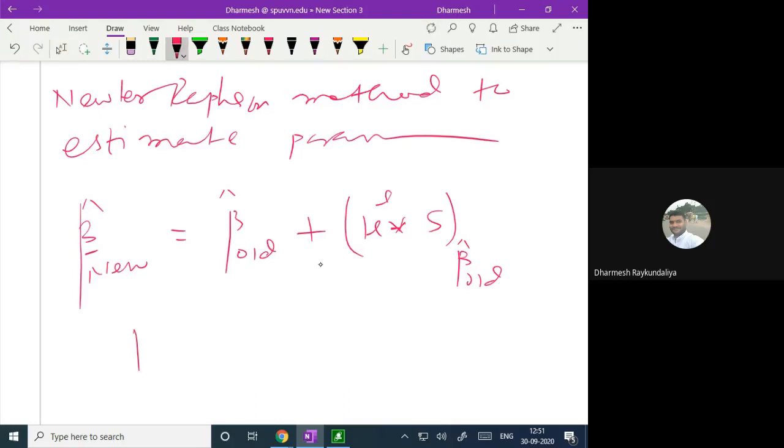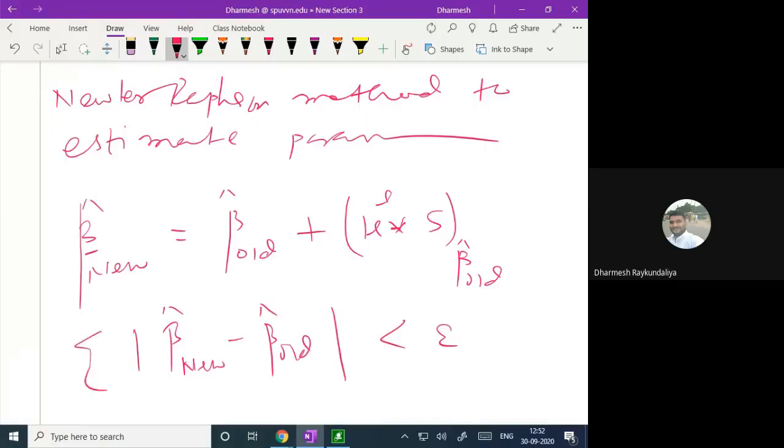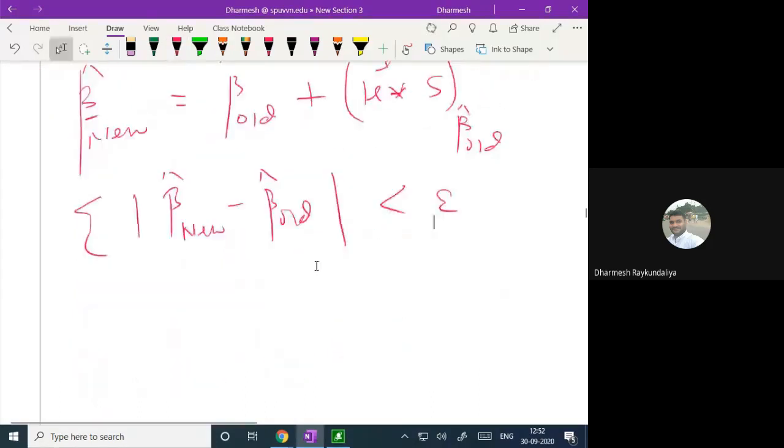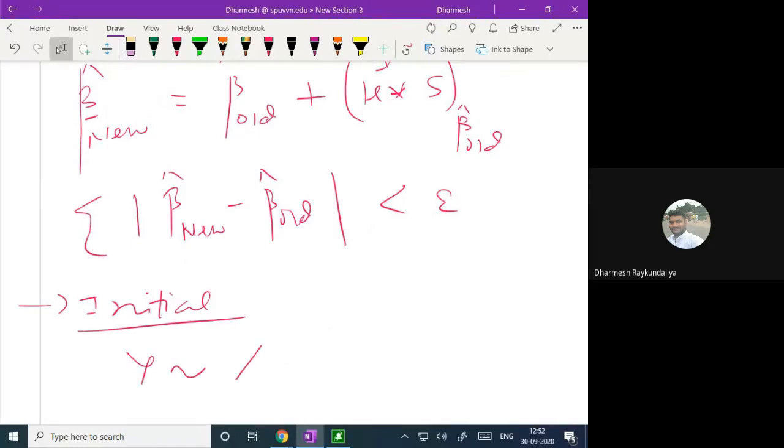If the successive difference between beta cap new and beta cap old, summed, is less than epsilon, stop the iteration and we get the final estimate. But to start the iteration, we require an initial estimate. The initial estimate is obtained by regressing y on x with the least squares estimator.